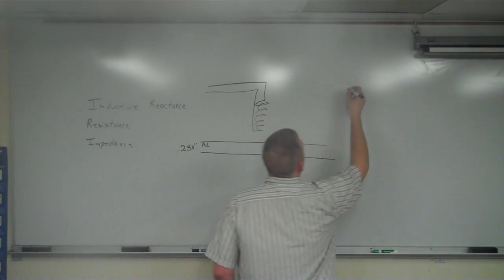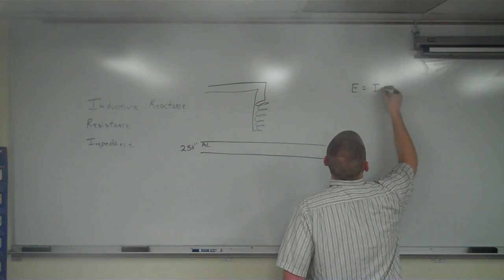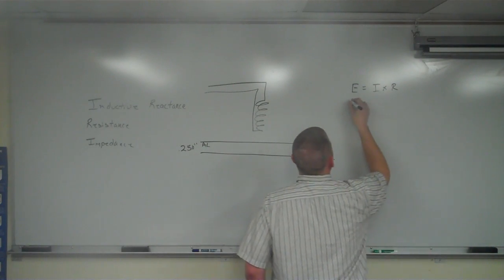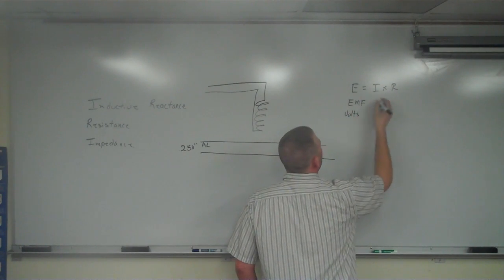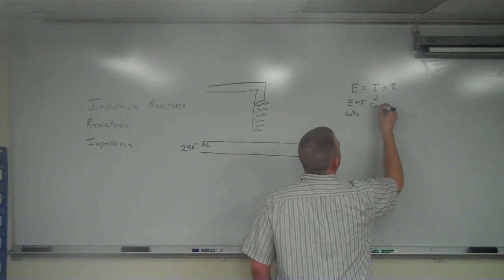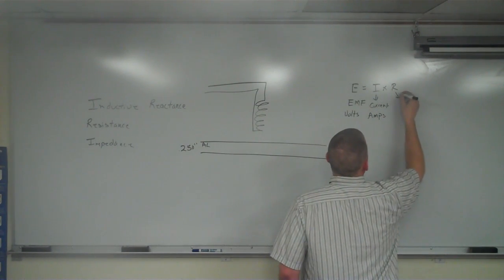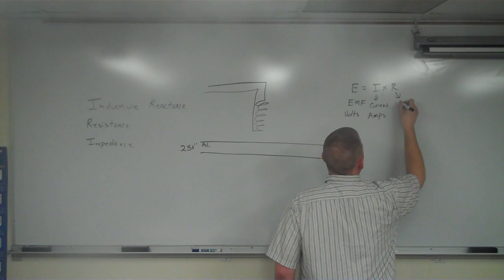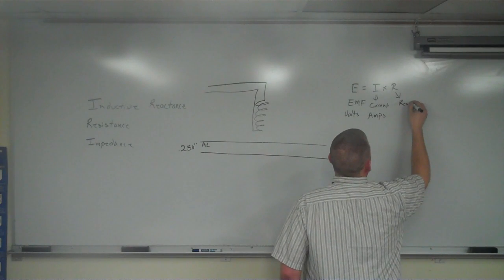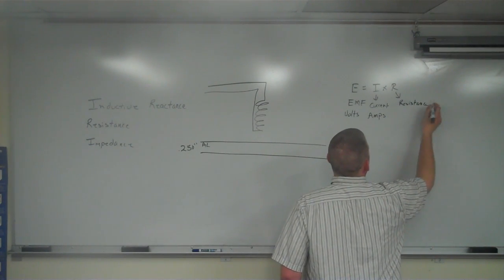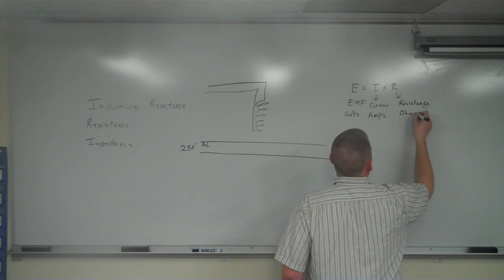Okay, we know that because we've been through Ohm's law, and E equals I times R. Well, E is electromotive force, that's measured in volts. Okay, I is current flow, that's a measure of the amount of electrons that are moving, that's measured in amps. Resistance to current flow, okay, that's resistance, and we're going to measure that. I guess I should write that here. That's the slowing or stopping of those electrons from moving, resistance, and that is measured in ohms.